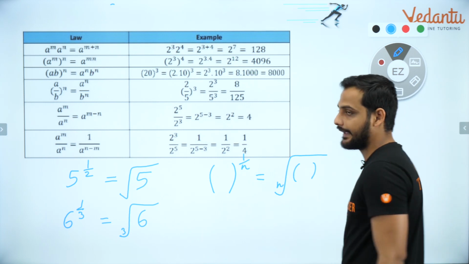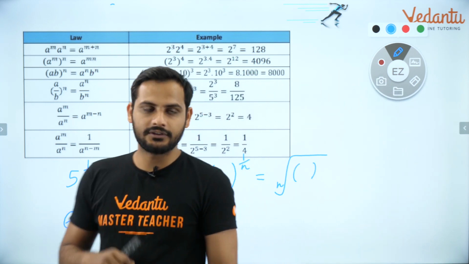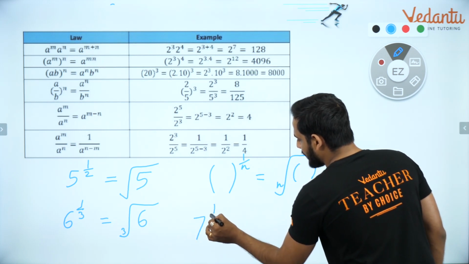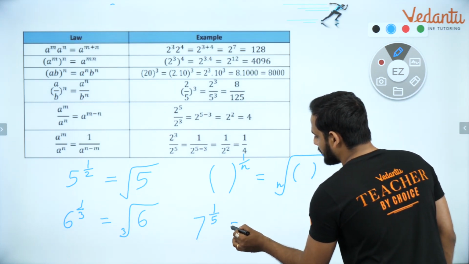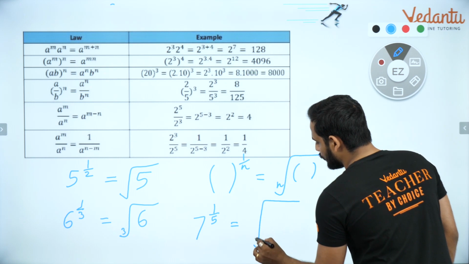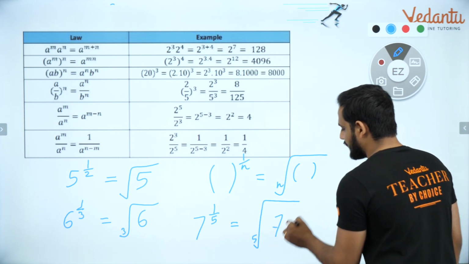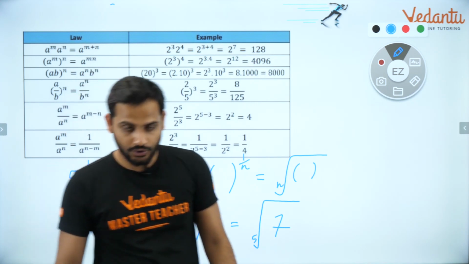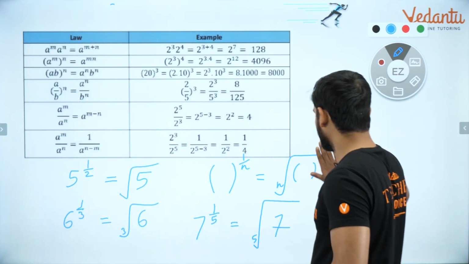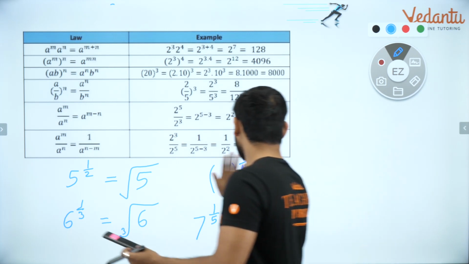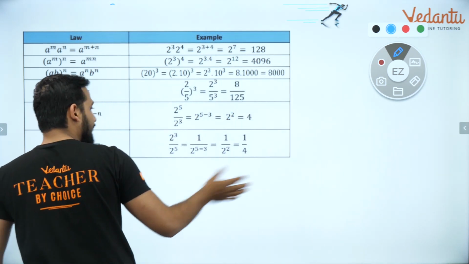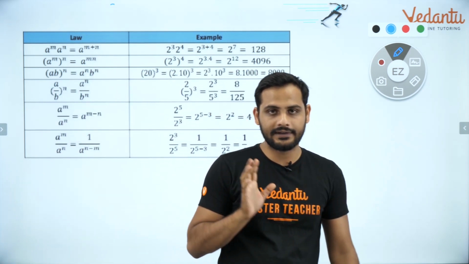Suppose I give you 7 raised to the power 1 by 5, that means fifth root of 7. So now we understand that 1 by n indicates the nth root of that number.